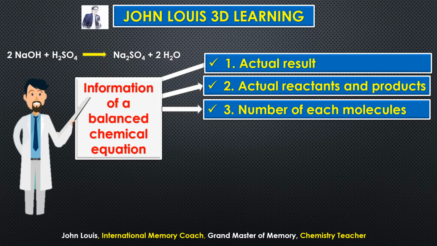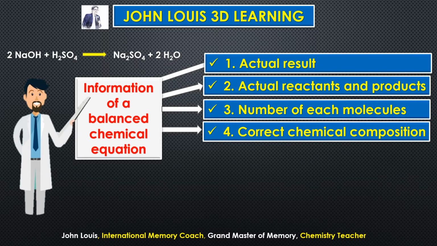That means 2 molecules of sodium hydroxide react with only 1 molecule of sulfuric acid to give 1 molecule of sodium sulfate and 2 molecules of water. So that is what we understand: the number of molecules of the reactants and products that it conveys.